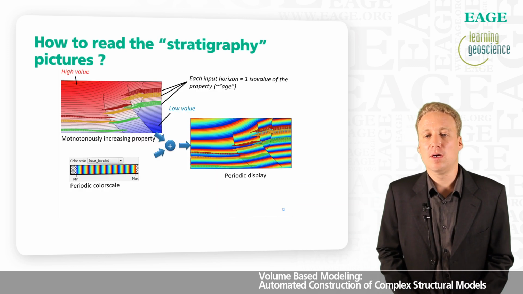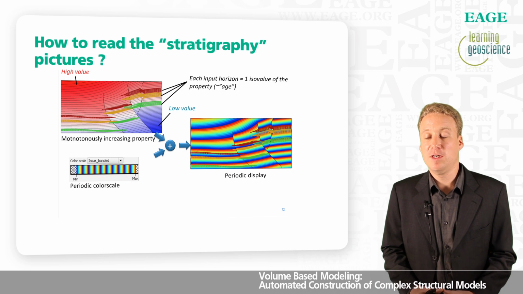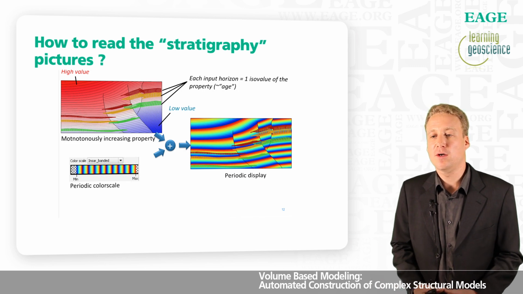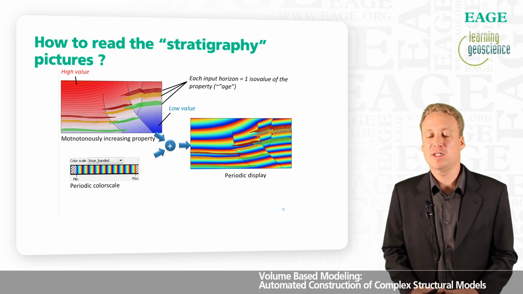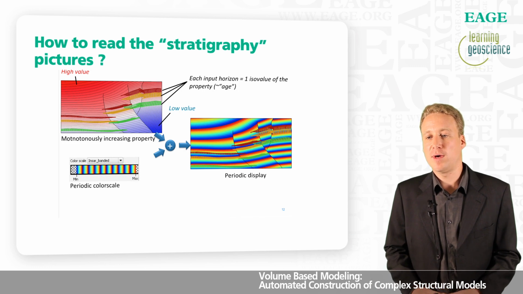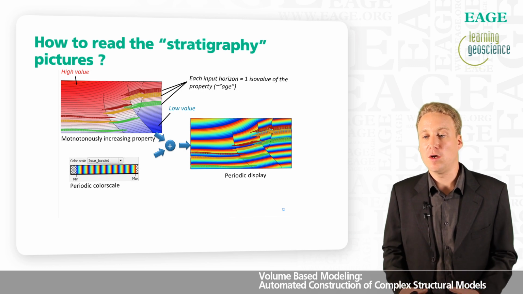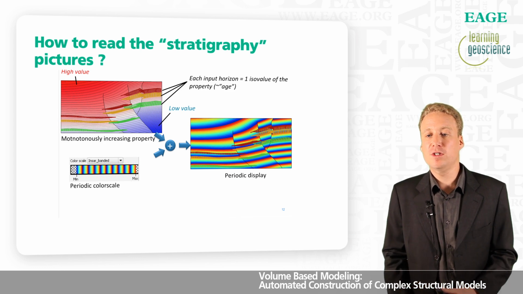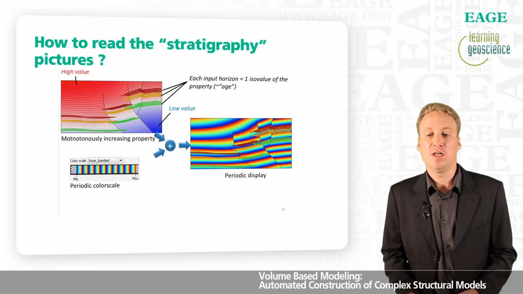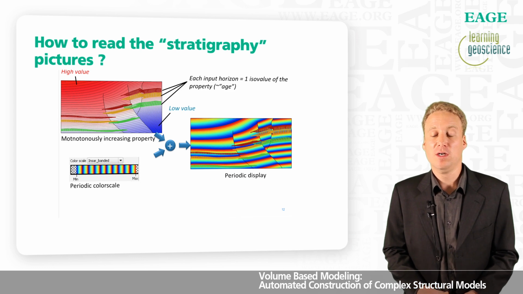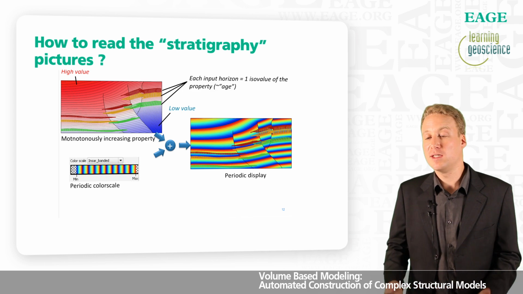So, just a short explanation about this rainbow type of display that I've been showing. As you can see on the right, it's a property that is increasing from the bottom of the model to the top of the model, as you can see on the top left of this slide, and that is represented with a periodic color scale so that we can see the layering better.